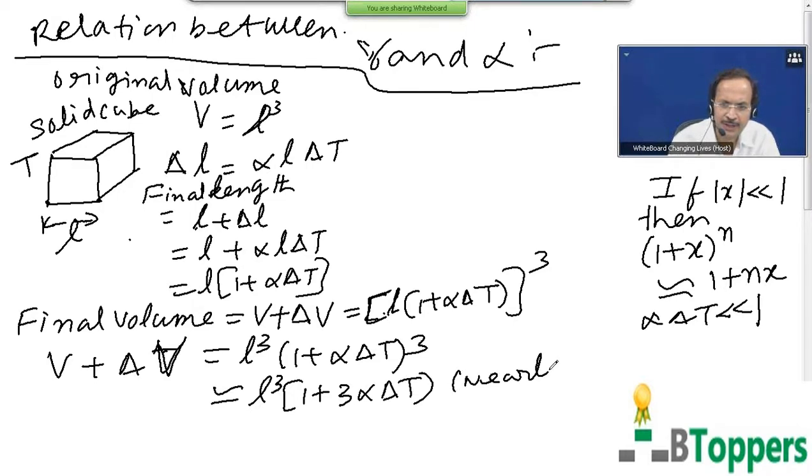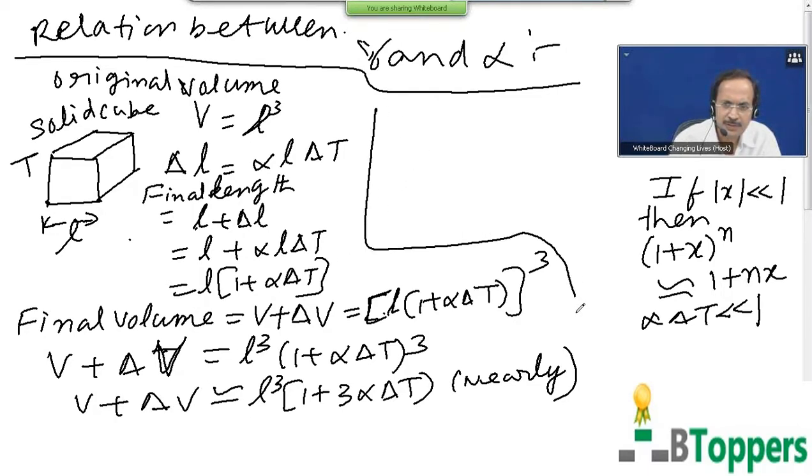That means we are neglecting the terms containing alpha square, alpha cube. So on the left hand side, we can write V plus delta V. Now we can substitute V equal to L cube.